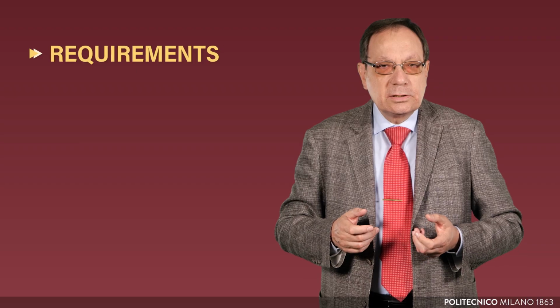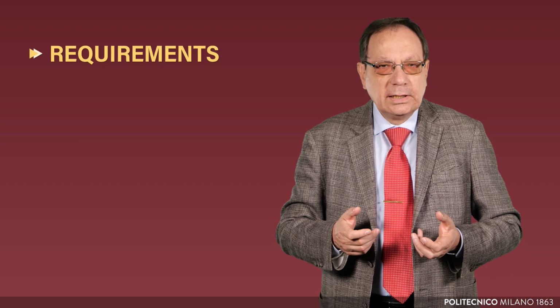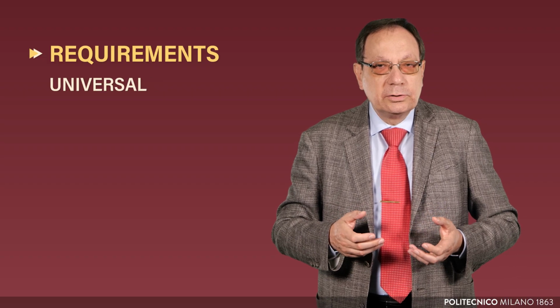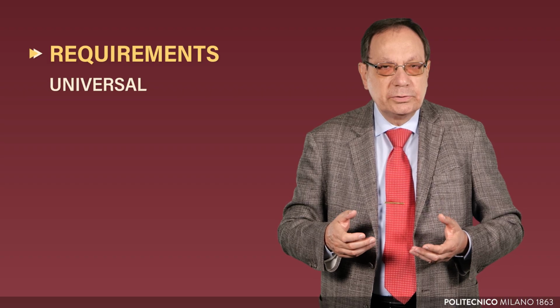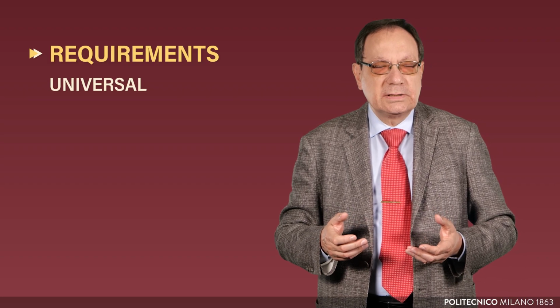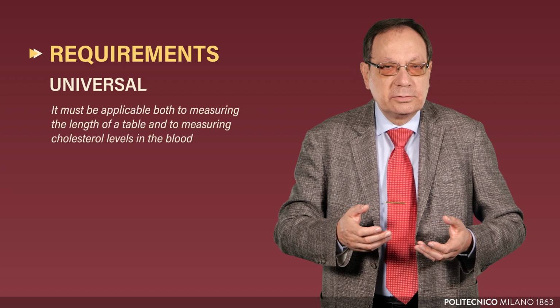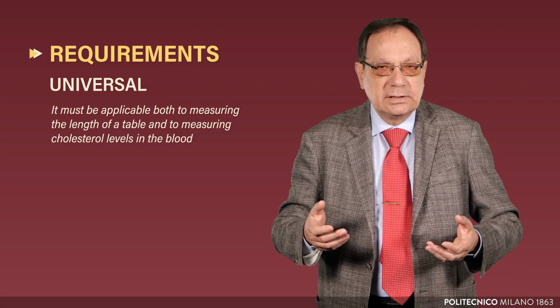Let's immediately see what requirements uncertainty must meet according to the GUM. First of all, it must be universal, meaning it must be applicable to all kinds of measurements and to all types of input data used in measurements. In other words, it must be applicable both to measuring the length of a table and to measuring cholesterol levels in the blood.